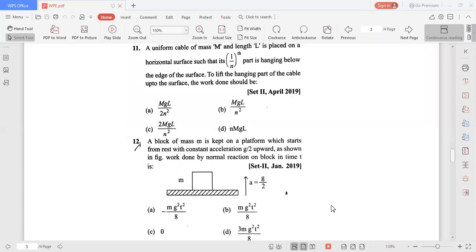Therefore, it is 3 by 8 m g square t square. So this is the answer, the work done by the normal reaction. This method is important. The model problem is important. Okay, next.